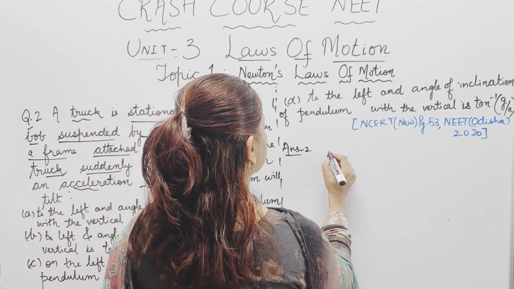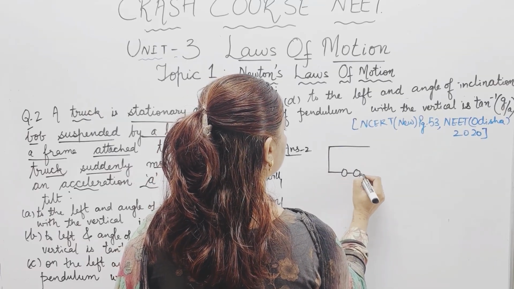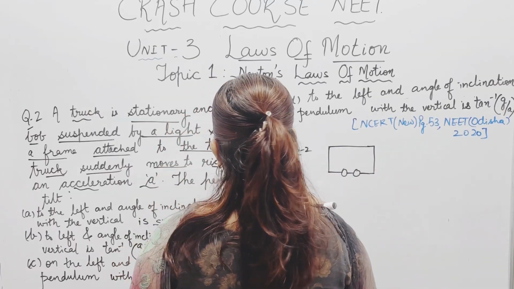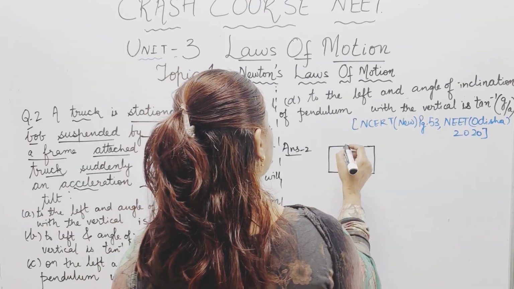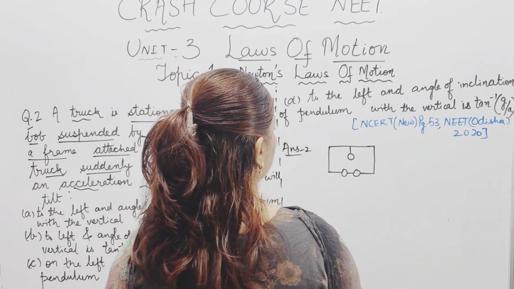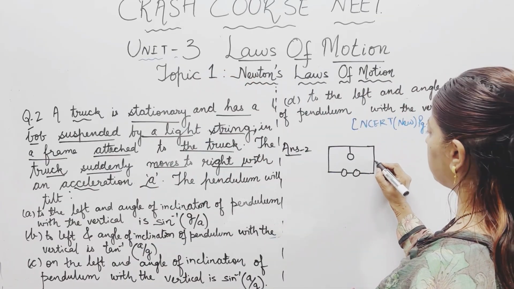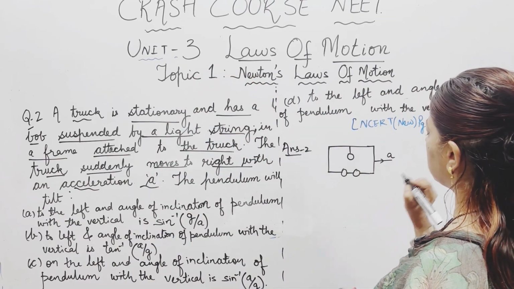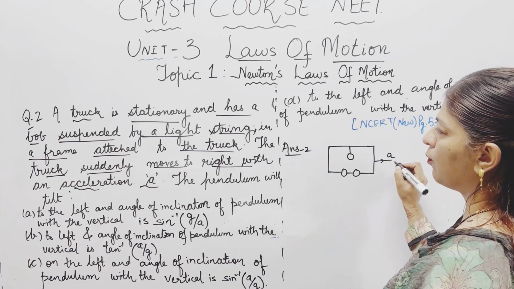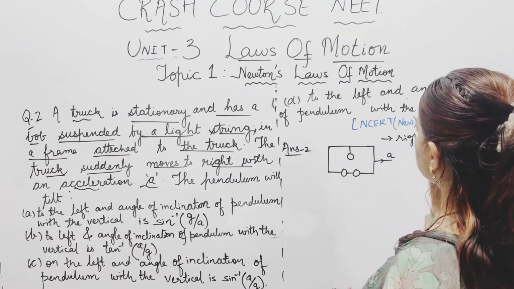According to this statement, the situation given to us is, this is a truck and a bob is attached to it. When this is given an acceleration A, it moves to the right. This is the right direction.